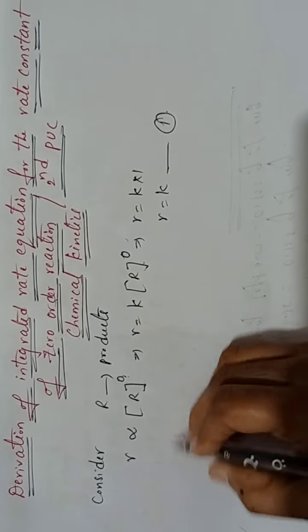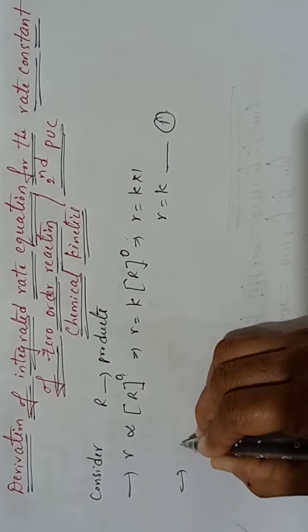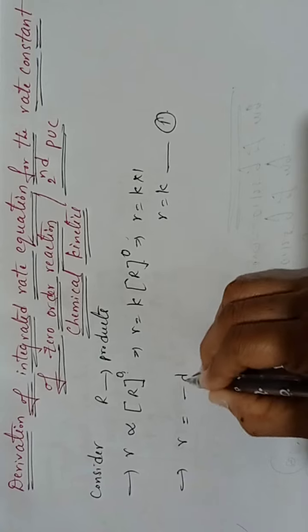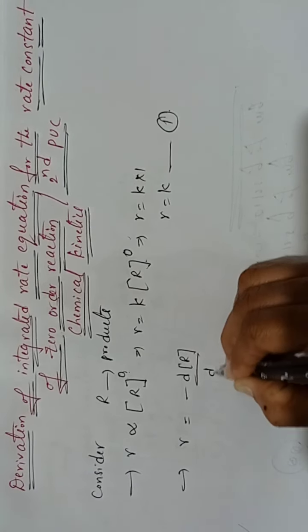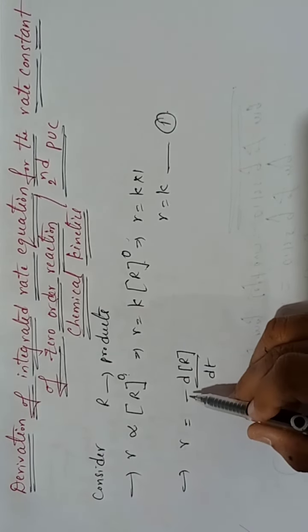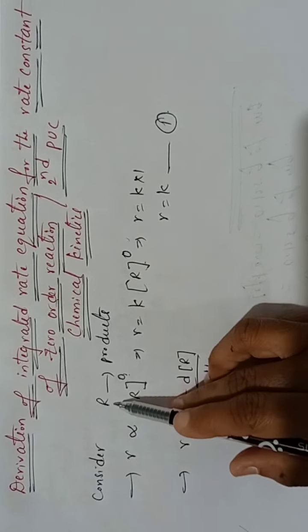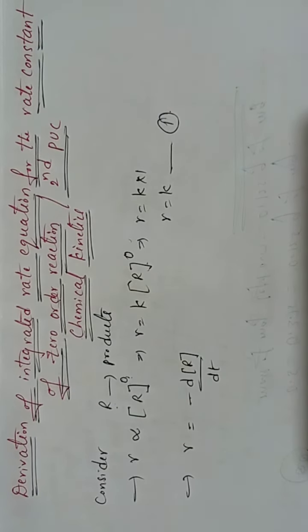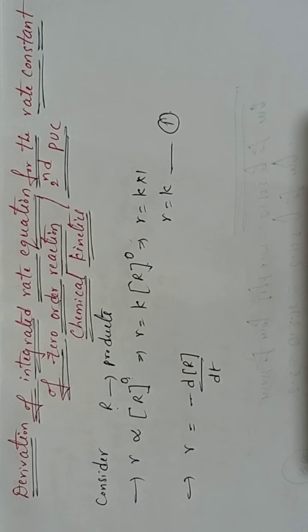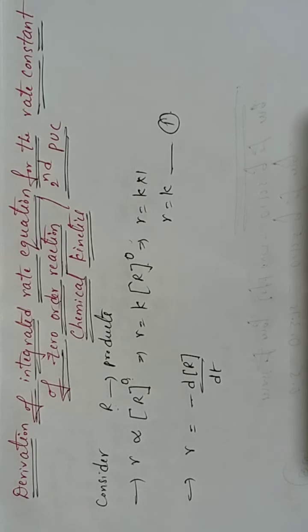Now see, students, in another case we know that rate is equal to minus d[R] by dt. Minus indicates the decrease in the concentration of reactants. In any chemical reaction generally the reactants' concentration gradually decreases and product concentration gradually increases.